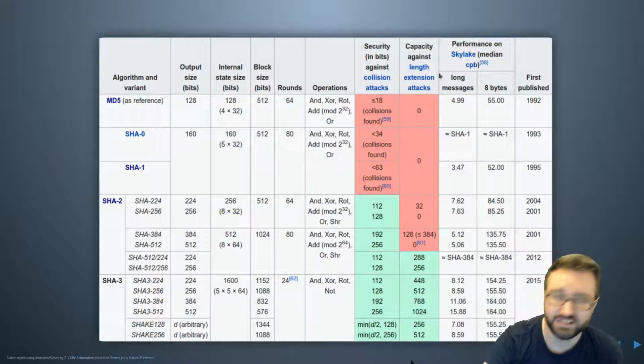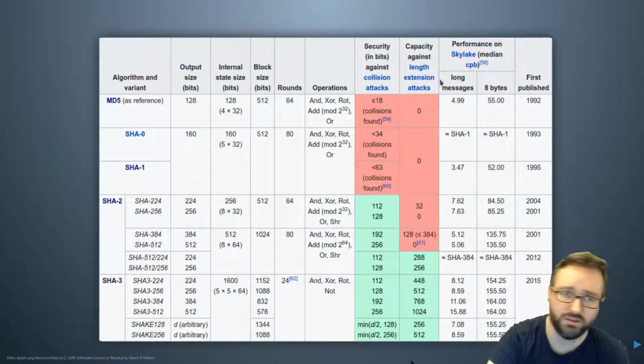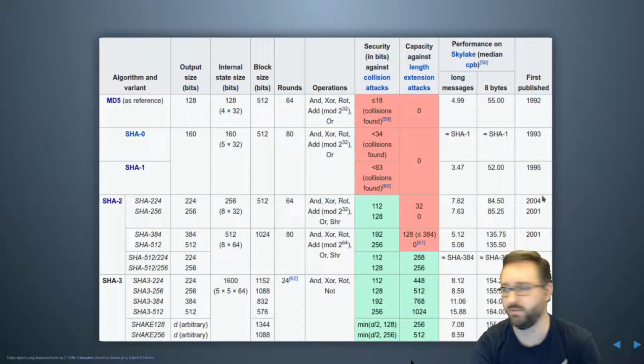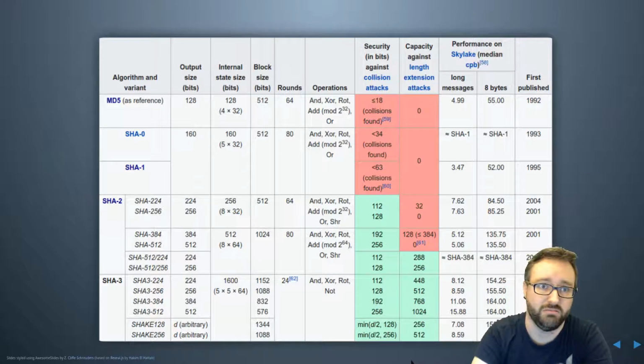Length extension attacks are another kind of attack, where you append to the input of the function without knowing the original input and are able to produce another valid hash. That's a specific kind of attack that it's also good to be able to defend against, depending on what you're using the hash function for.